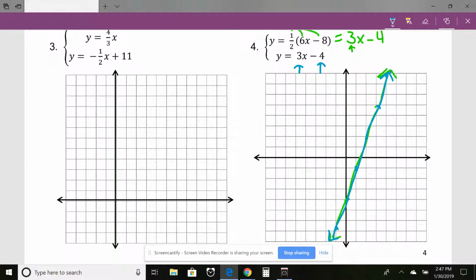Now, when that's the case, when you have two lines on top of each other, you have infinite solutions. That means every single point intersects and is in common with the system of the equations.